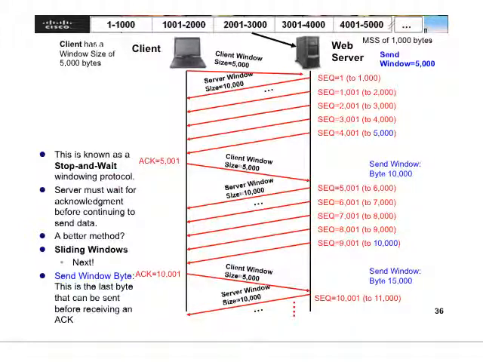That's why it's called stop and wait. So if you send me here 3,000, I will send you 3 segments and then stop. If you send me 5, I will send you 5 and then stop. If you send me 10,000, then I send you 10 segments and then stop. So you always have to send all the 10 segments and then wait for an acknowledgement.